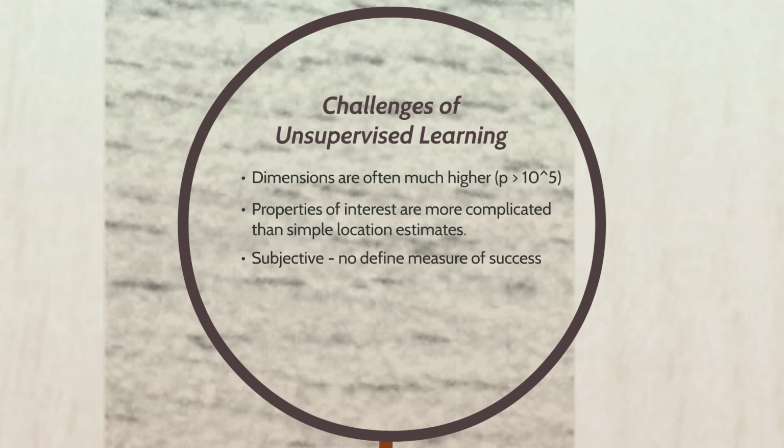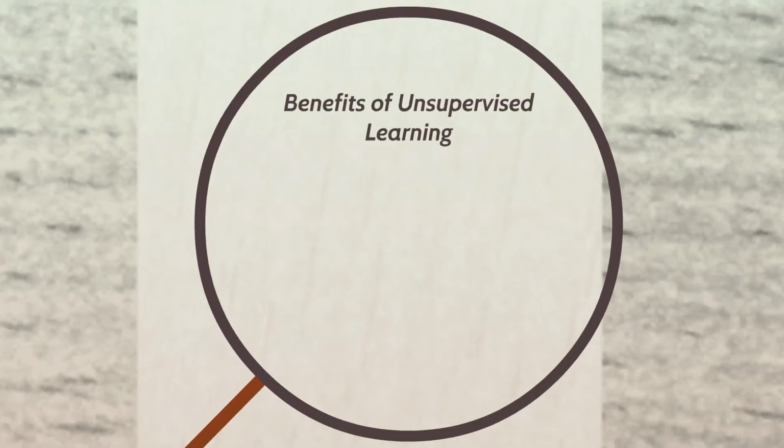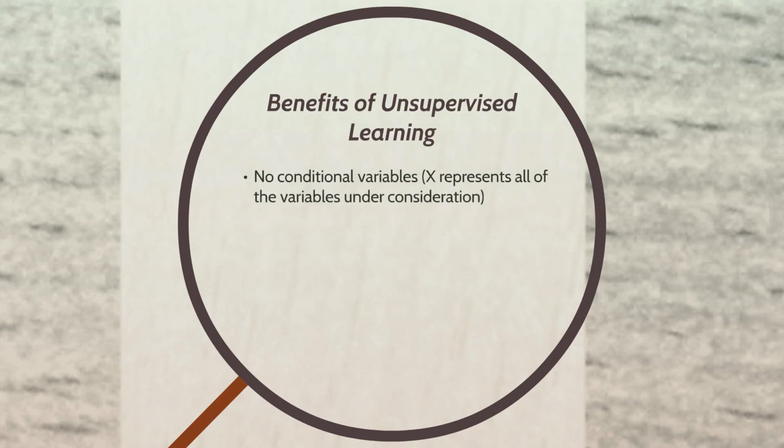Another challenge is that it's fairly subjective. We don't really have a clear measure of success. When we're trying to do something like cluster analysis and form different clusters of similar data, it's hard to say exactly when we are successful. So the output of these models are often subjective in that they have no clear defined measure of success.